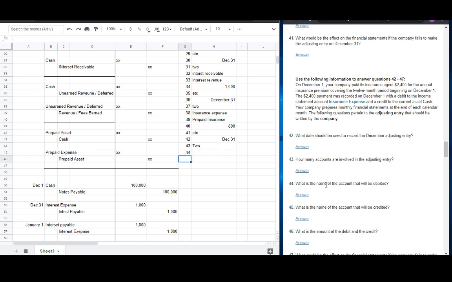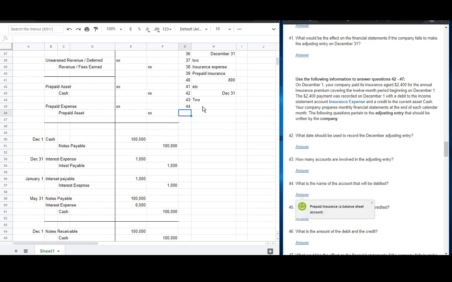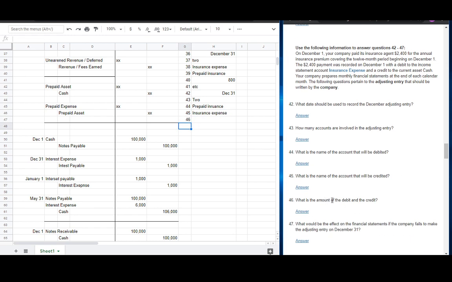What would be the account debited? It is prepaid insurance. And what should be credited? It is expense. And what is the debit and credit?